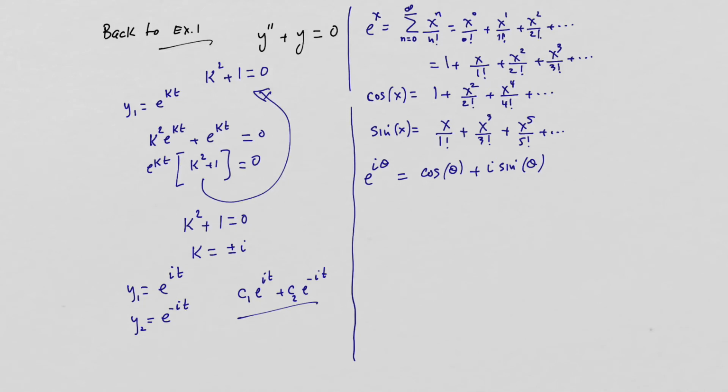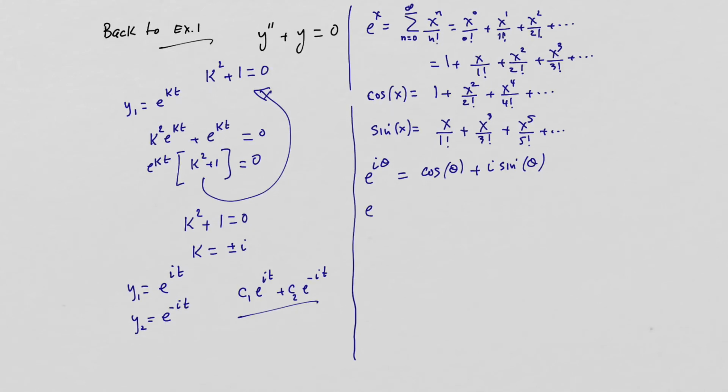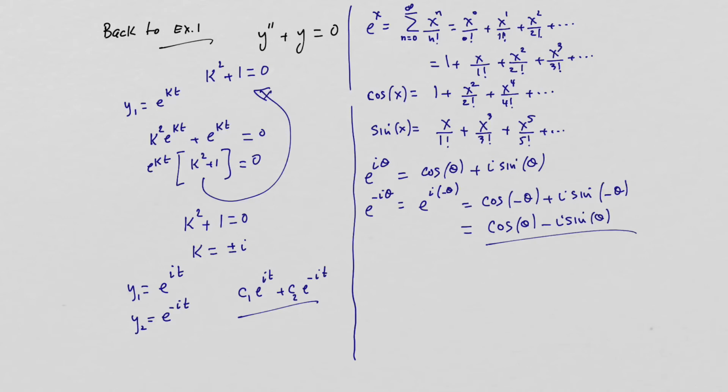And of course, e to the negative i theta is the same thing as e to the i negative theta, which is cosine of negative theta plus i sine negative theta, which is cosine of theta minus i sine theta. I could have written this directly, but somebody's going to question why did this minus go here? So that's why I did it.